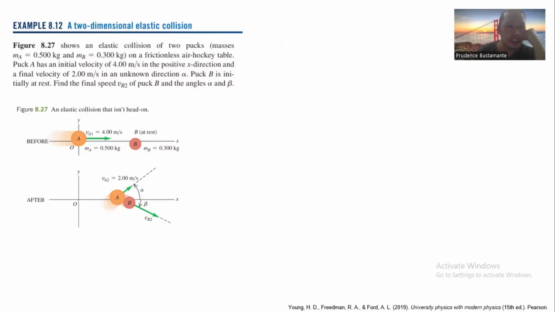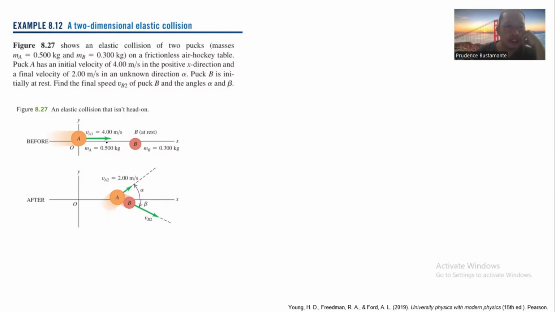Figure 8.27 shows an elastic collision of two pucks with masses MA and MB on a frictionless air hockey table. Puck A has an initial velocity of 4 meters per second in the positive x direction and a final velocity of 2 meters per second in the unknown direction alpha. Puck B is initially at rest.